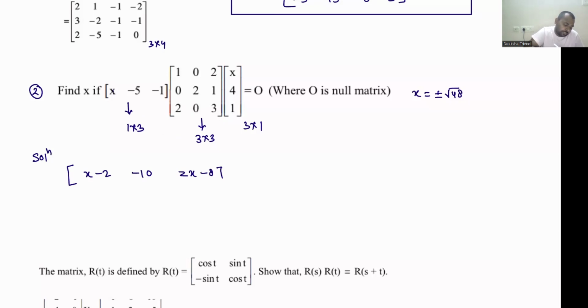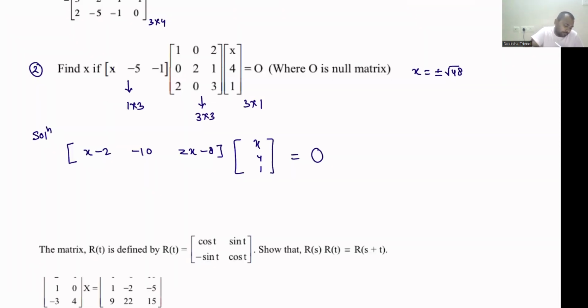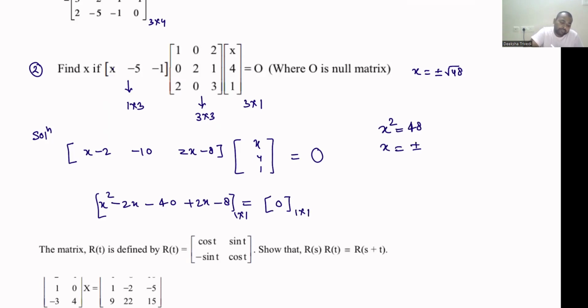After that, we multiply this with the column matrix. That gives O of the same order. Multiplying, we have x square minus 2x minus 40 plus 2x minus 8, which is O. This matrix has order 1 cross 1, so we get 0 of order 1 cross 1. We are saying x square equal to 48, then x is equal to plus minus 4 root 3. Am I correct or not?